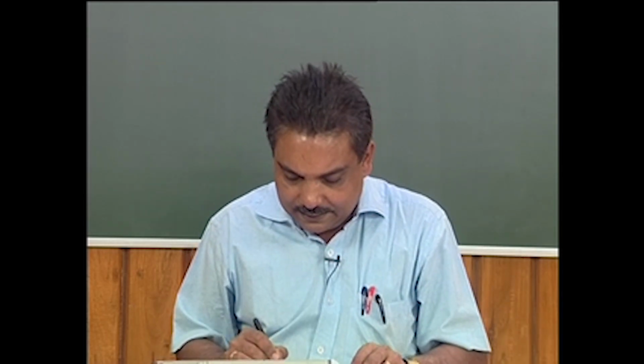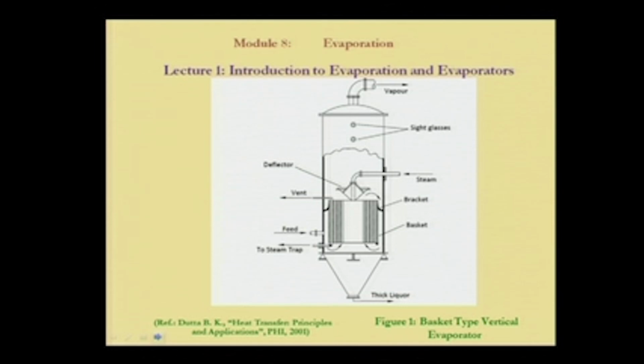There is another kind of short tube vertical evaporator, the basket type vertical evaporator. In this case the arrangement is a little bit changed.